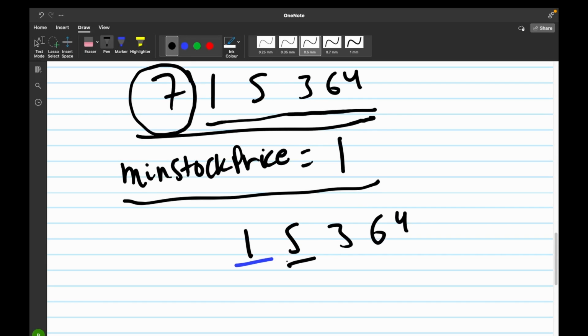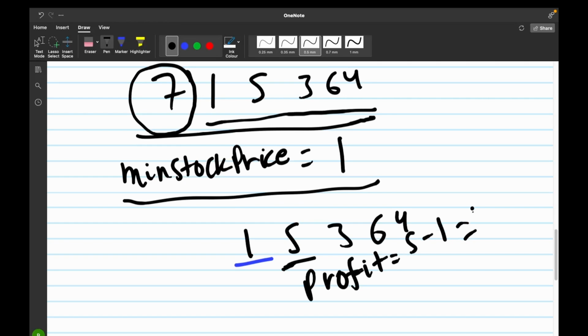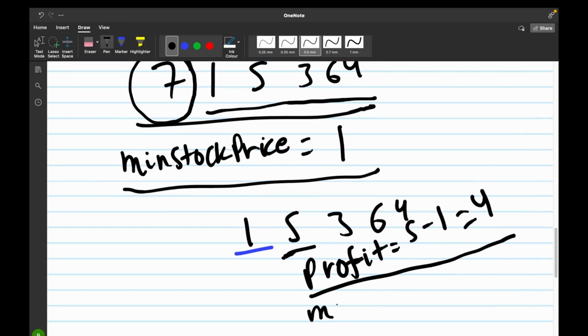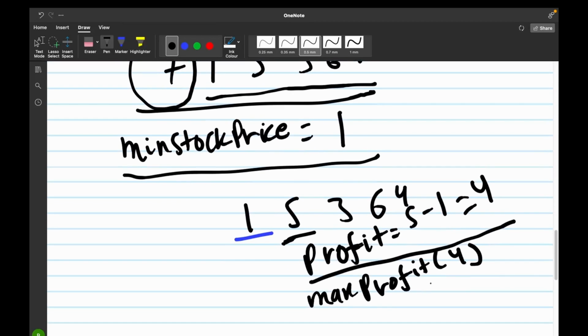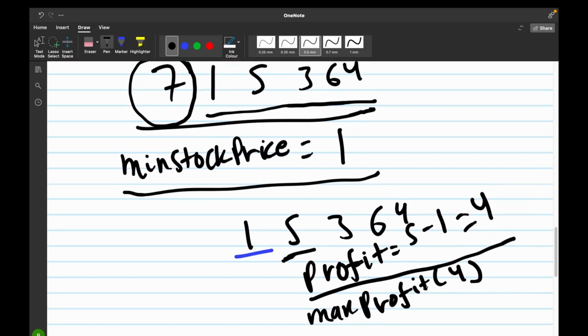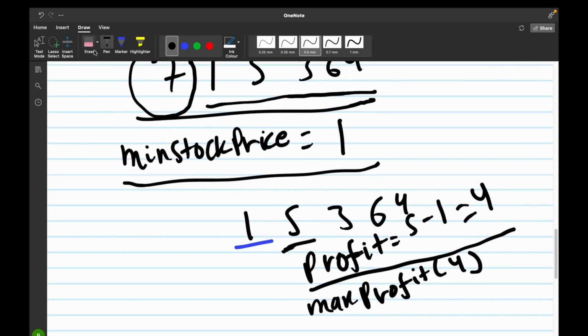If the element has a greater price than the minimum stock price, we would store the profit, which is 4. Now we would update our value of max profit to 4 because 4 is greater than 0.